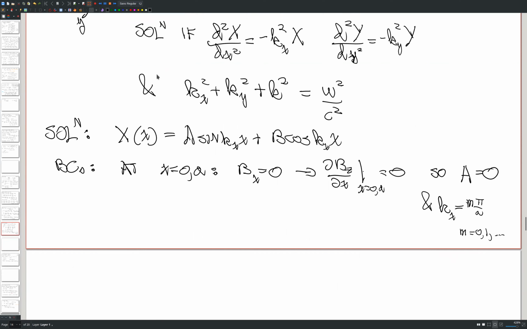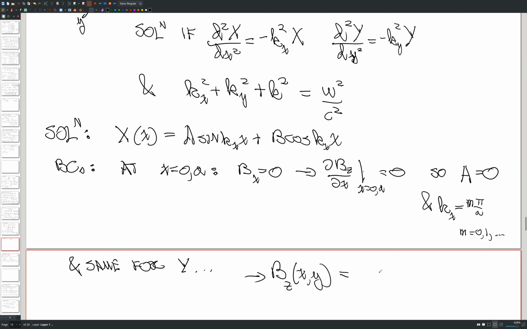Okay, we can do the same thing in the y direction. So in the end, we get the solution that Bz of x and y has the following form.